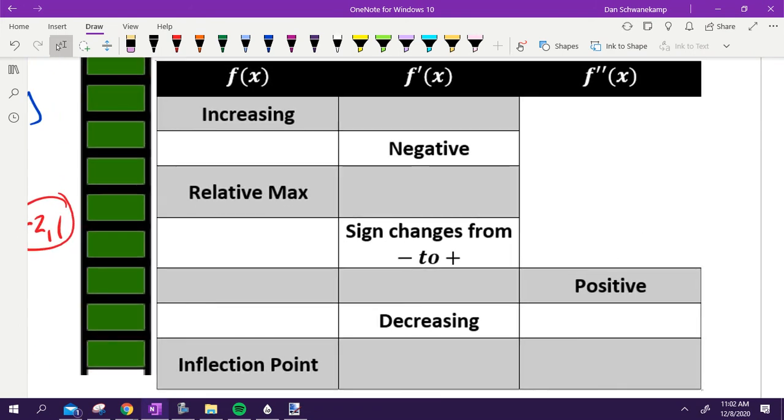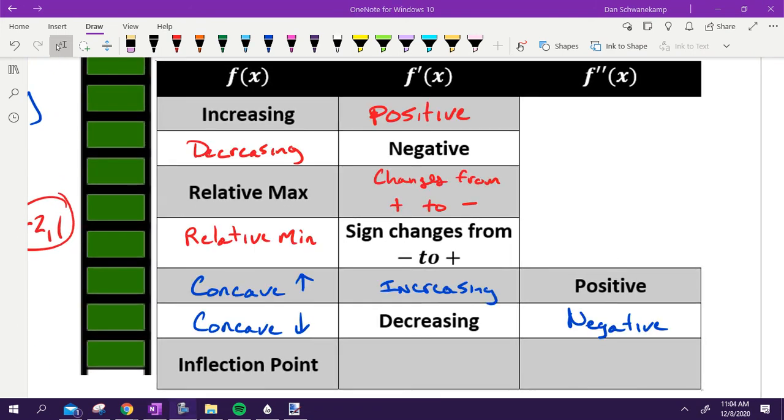Go. How did you do? As I look at that, there are my answers. Hopefully you should know all of those. The only one that I think you ever struggle with is that last one, so I did it quickly. Inflection points. An inflection point happens when the second derivative changes signs.